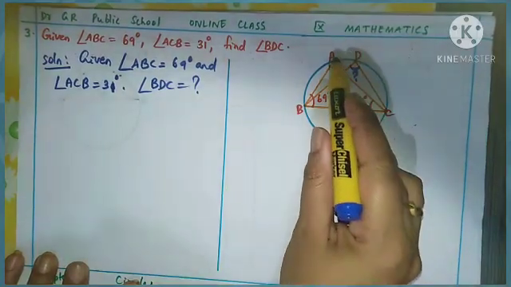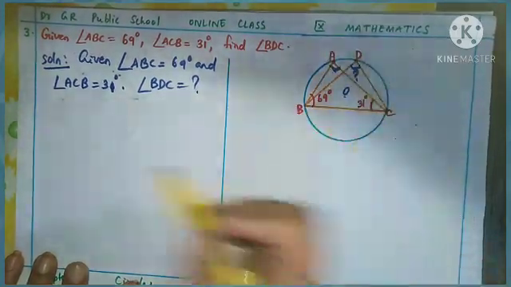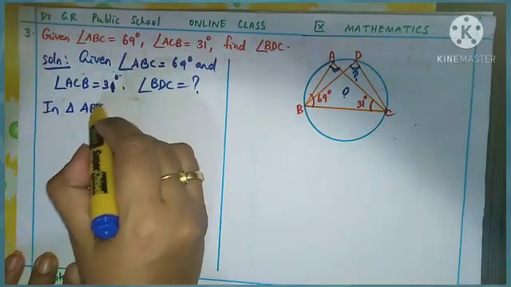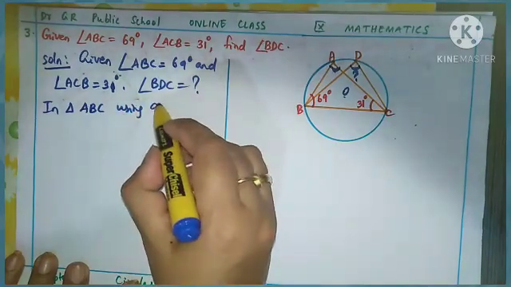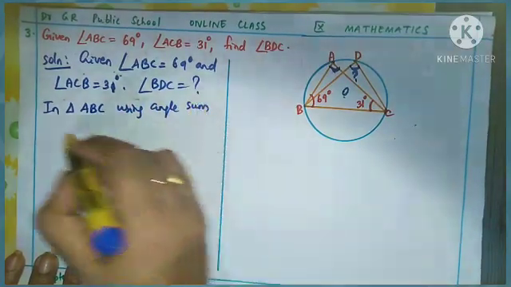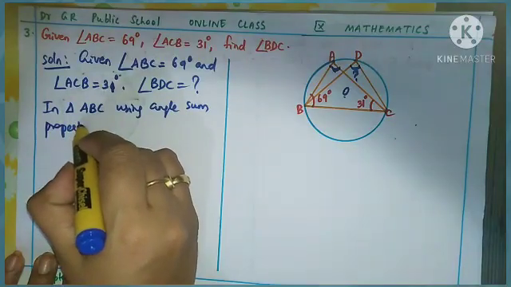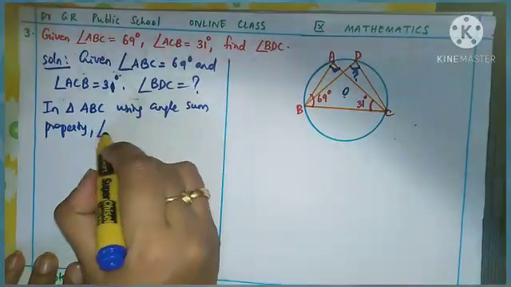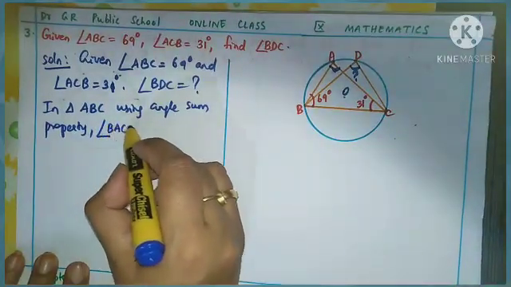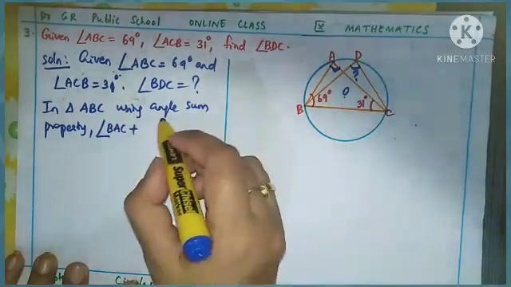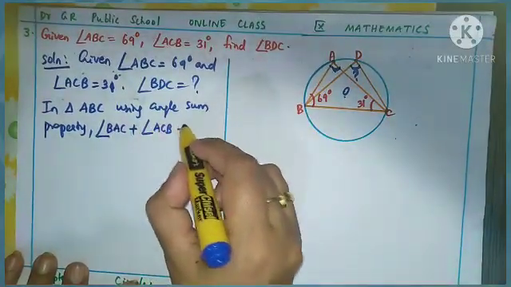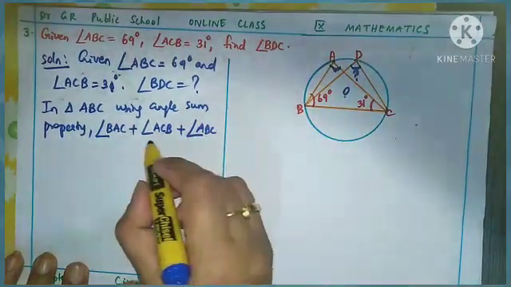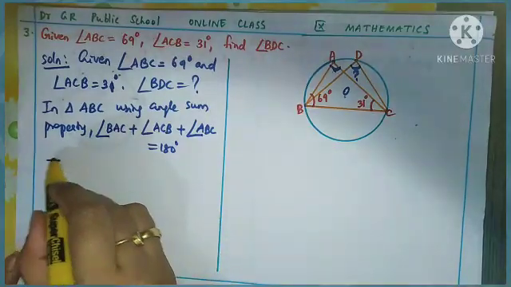So we are considering this triangle ABC and using the angle sum property. In triangle ABC, using the angle sum property, the sum of the three angles equals 180 degrees. So angle BAC plus angle ACB plus angle ABC equals 180 degrees.